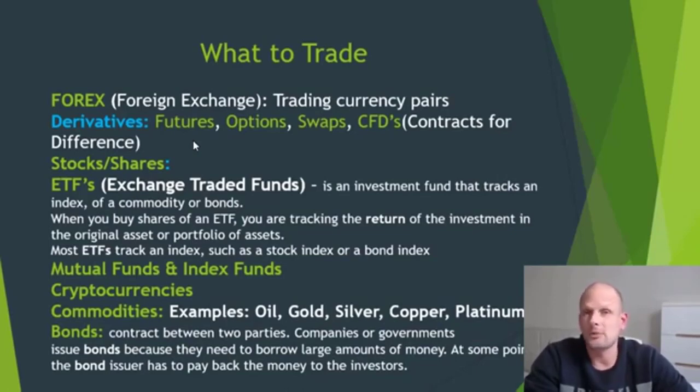For example, imagine you are trading a CFD for Bitcoin or futures for Bitcoin. Then you are not actually trading the real asset. You are not buying that Bitcoin, but you are trading only the change in price. If the price goes up, you will be making money if you are longing, and if the price goes down and you are shorting, you will be making money. So this is derivatives.